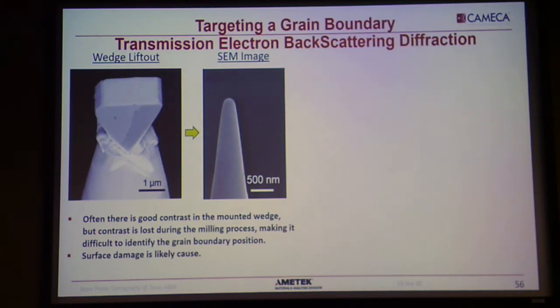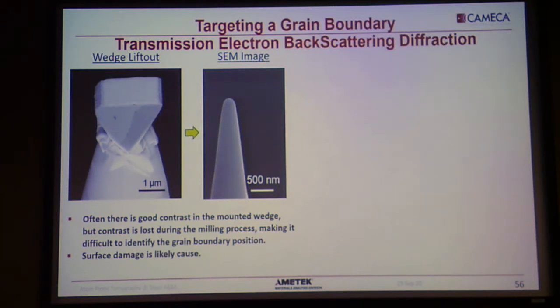What happens is that when you prepare a wedge for the FIB, and then you go and do the sharpening, you see the grain here, but when you do the sharpening, the contrast is actually lost. So you won't be able to say if in this tip you do have the grain boundary or not.